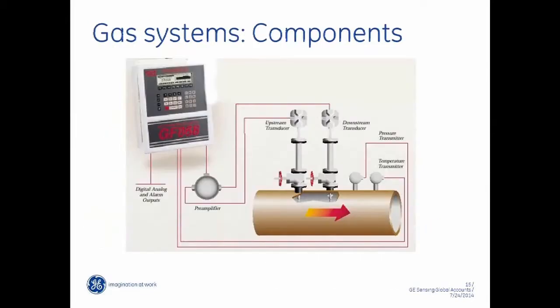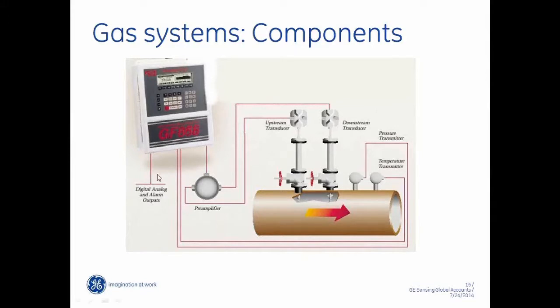Right. In gas systems, the components are a little bit different because you still have transducers. You can see the transducers here. We have the pressure and the temperature transmitters, and we have the actual electronics. In this case, this is a flare meter, but the actual components are the same regardless of what type of gas you're doing.